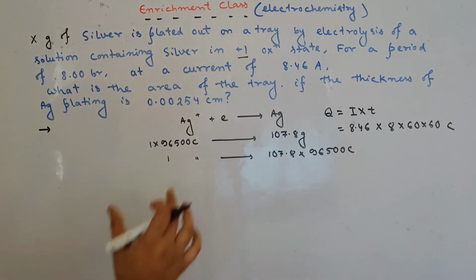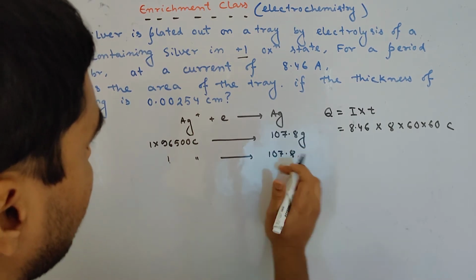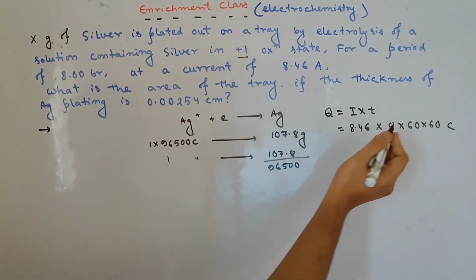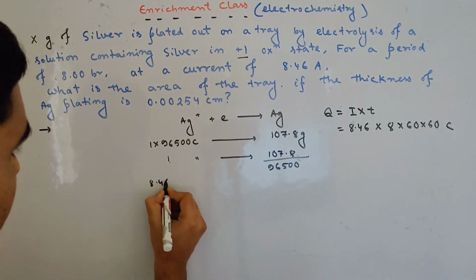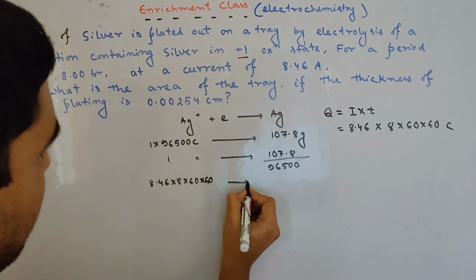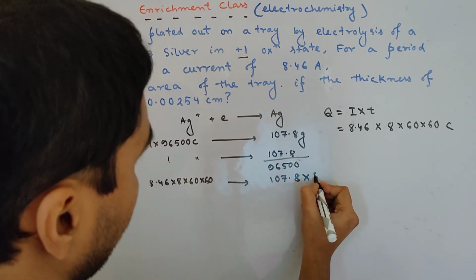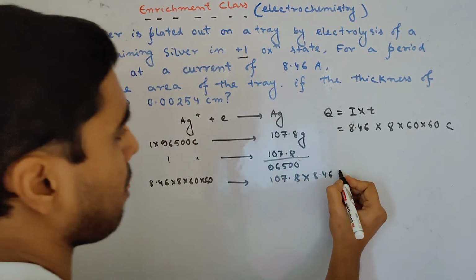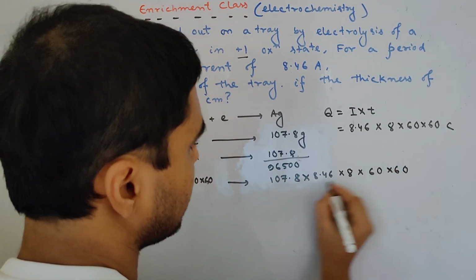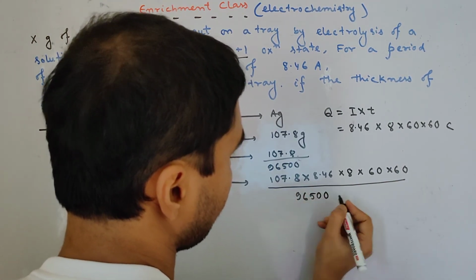So for 1 coulomb, it will just be divided by 96,500, and for 8.46 into 8 into 60 into 60 coulomb, we will get 107.8 into 8.46 into 8 into 60 into 60 divided by 96,500.